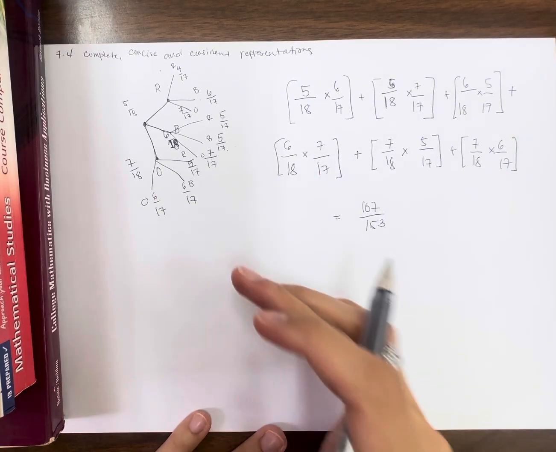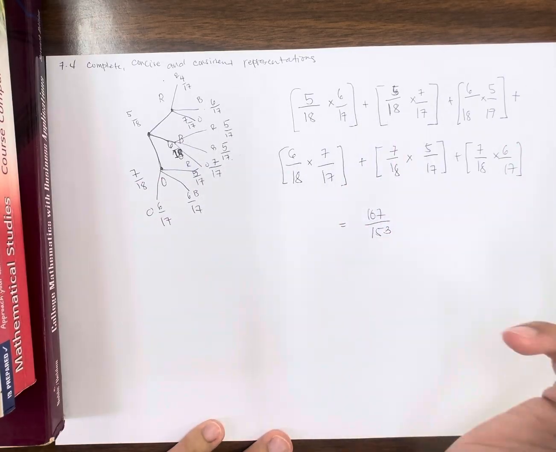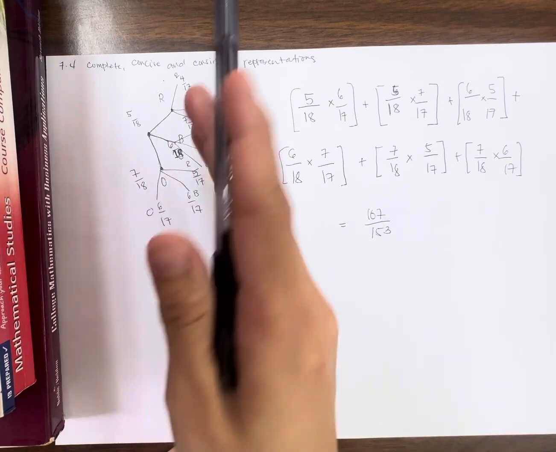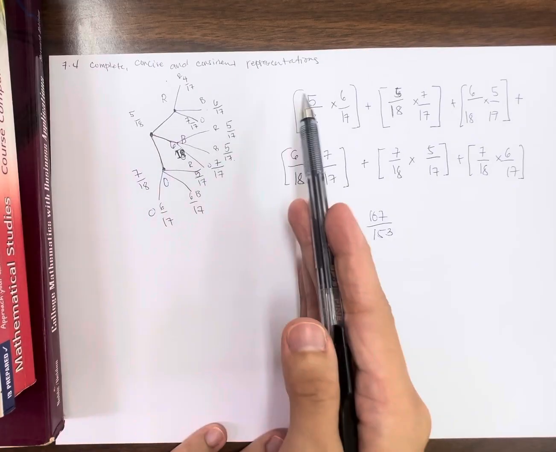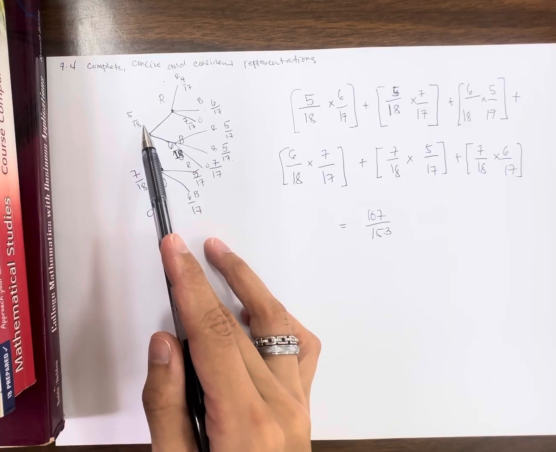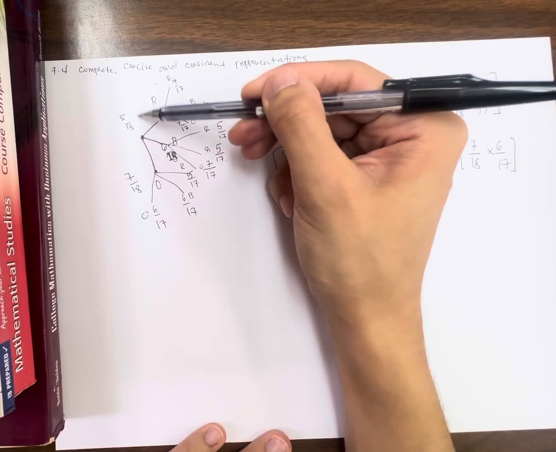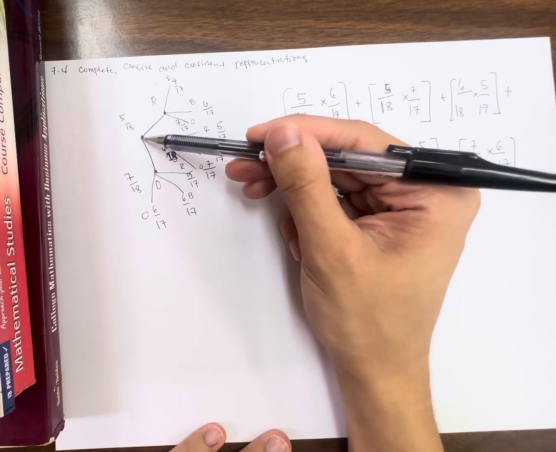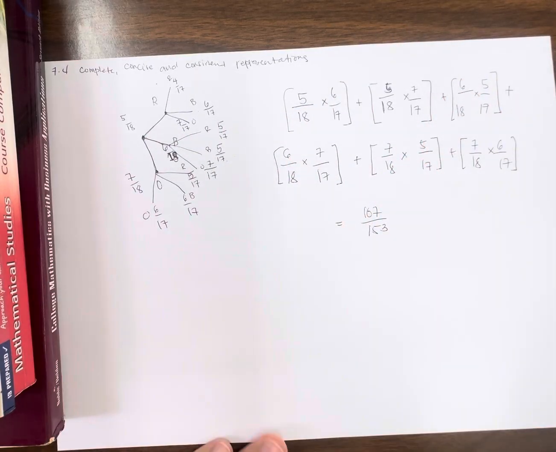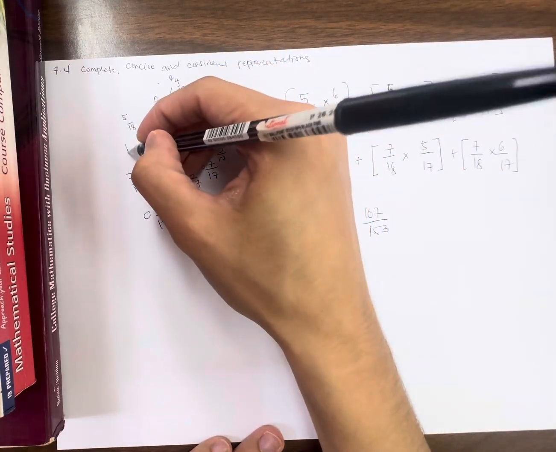Okay, another thing that I forgot to mention at the start of this video is how do I know whether I'm adding or multiplying. I will add my probabilities if, let's say, I'm looking at 5/18 and 7/18, because they're from a common point or vertex or root, whatever you want to call it, and you're combining them, you'll be adding them.